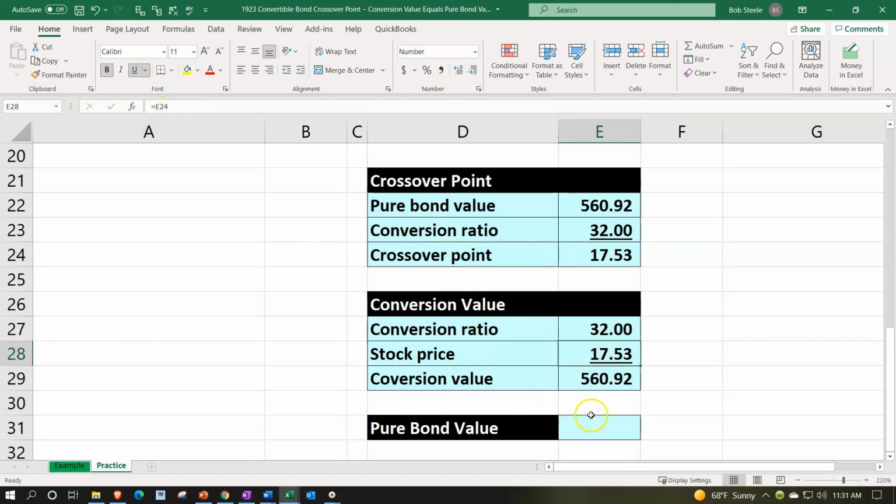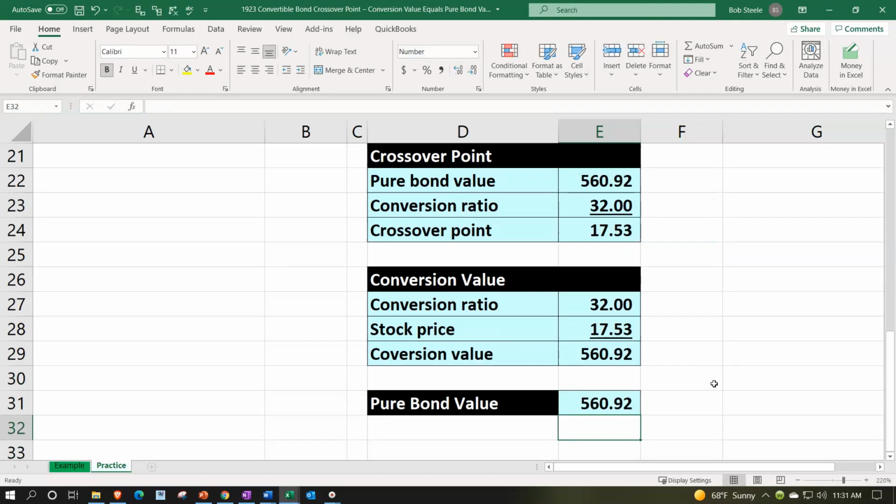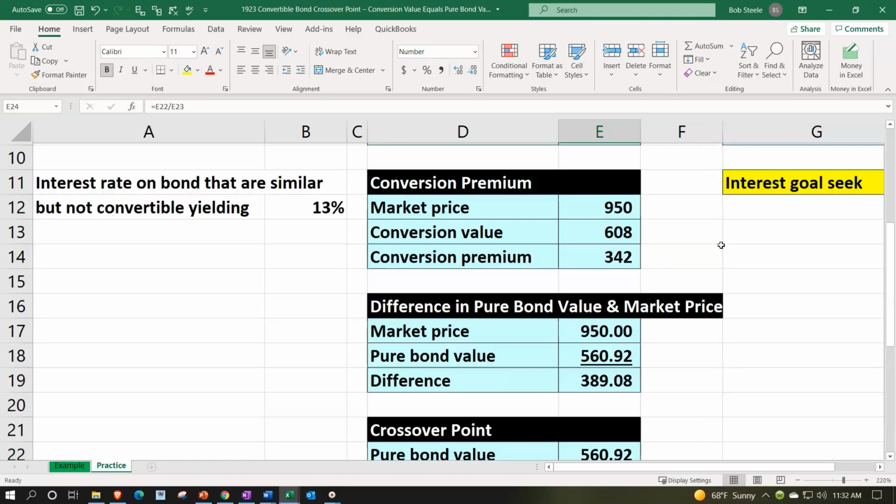That should give us the same value as the pure bond value, which is here. So there we have it, the 560.92 and the 560.92 matching, when the price would be at the market price, which is not determined by the company, of course, could be at the 17.53.